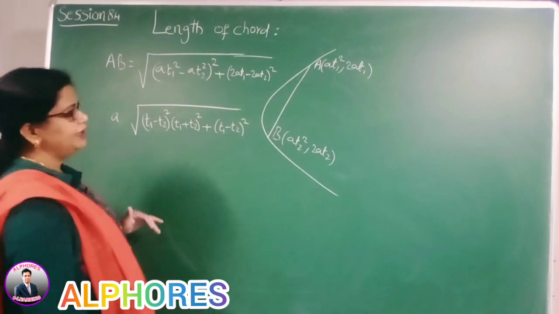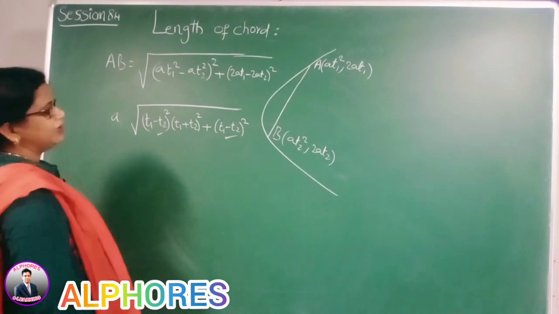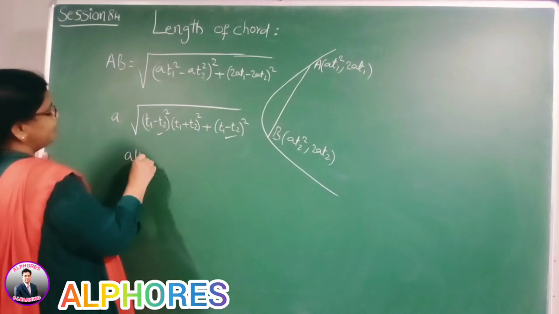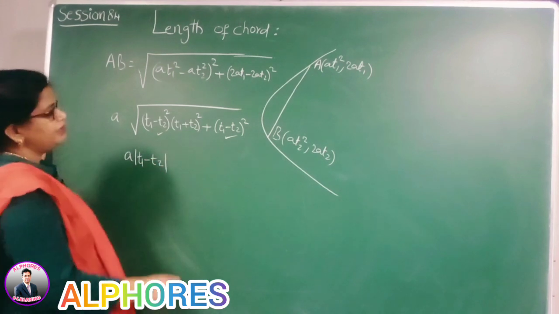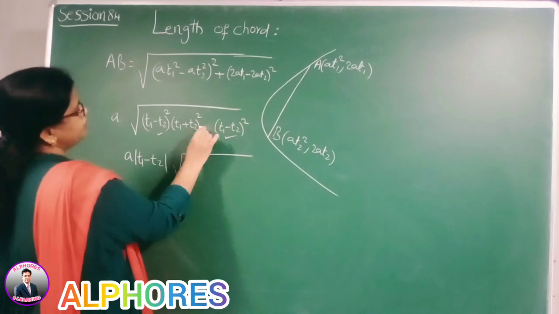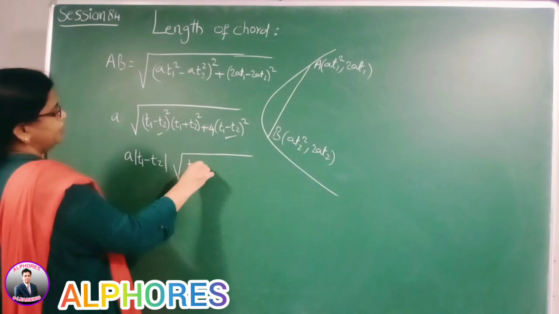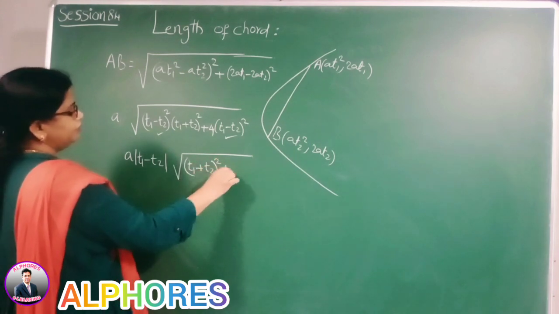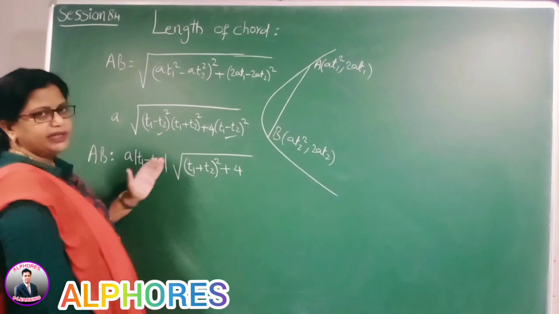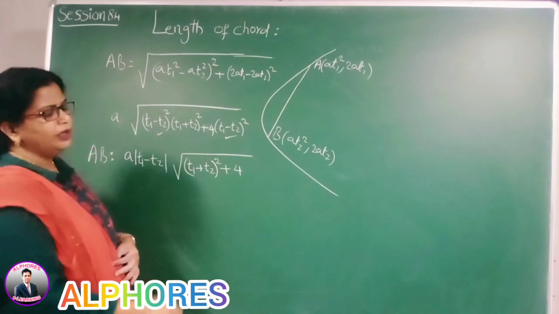Now let's take this value also common, but you don't know exactly whether t1 is greater than t2 or less than t2, therefore we have to put the mod symbol: a into mod of t1 minus t2, and the rest of the value, of course 4 is also there, is under root of t1 plus t2 whole square plus 4. So students, this is the formula for the length of the chord joining 2 points t1 comma t2 in the parabola y square equal to 4ax.